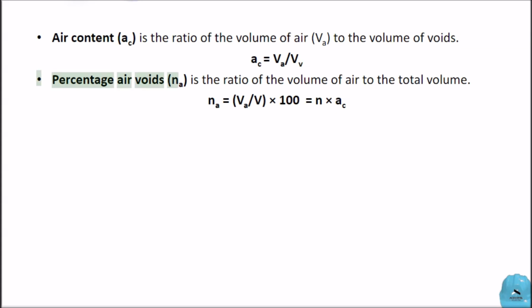Percentage air voids, n_a, is the ratio of the volume of air to the total volume. n_a equals V_a over V times 100, which equals n times A_c.